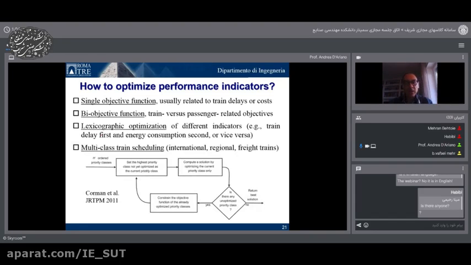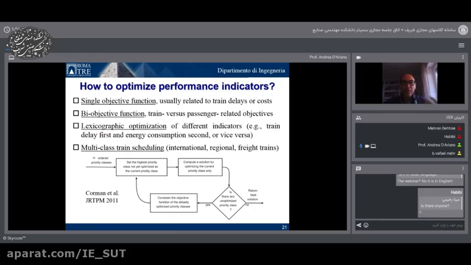Another type of situation in which you need to handle multiple performance indicators is when you have different classes of trains. Imagine you have in your network international trains, regional trains, and freight trains. Clearly, the international trains are most important, then the regional, then the freight.